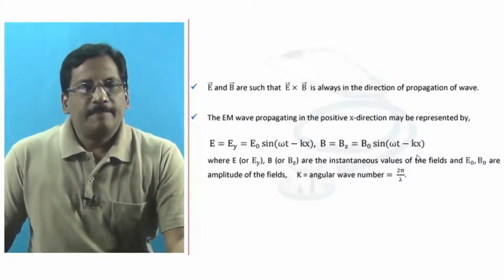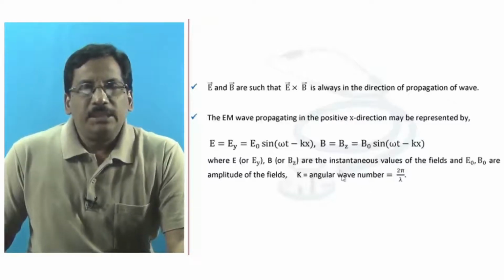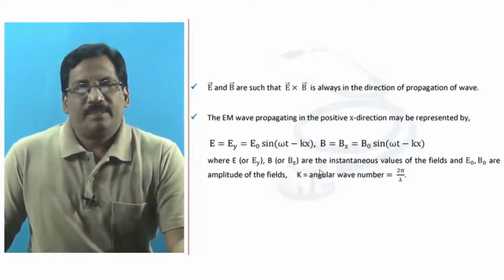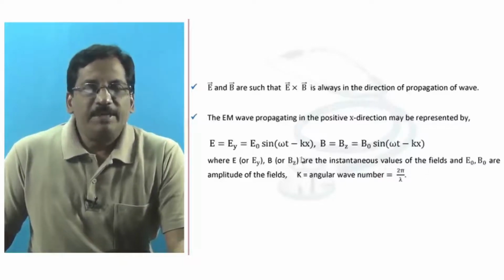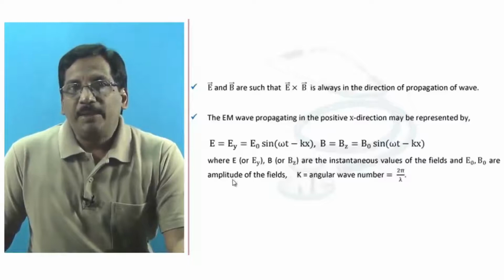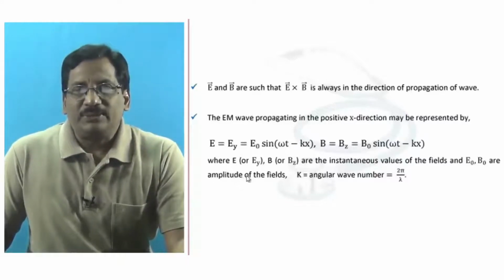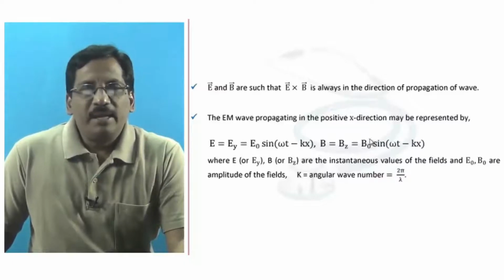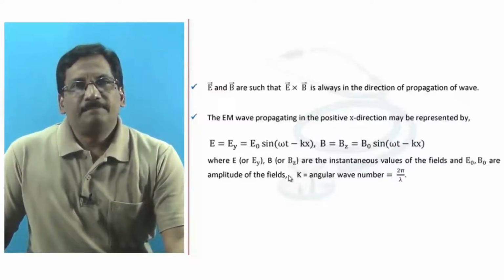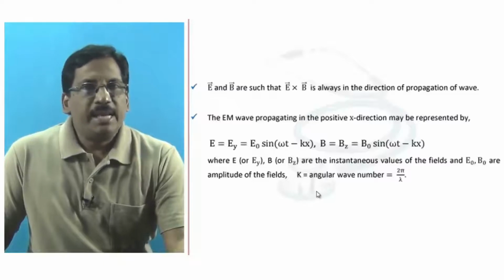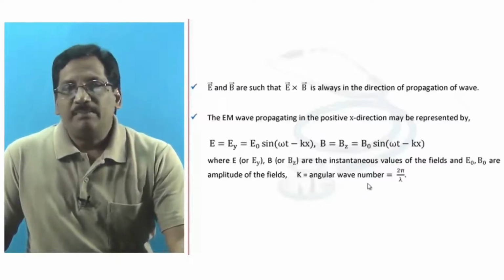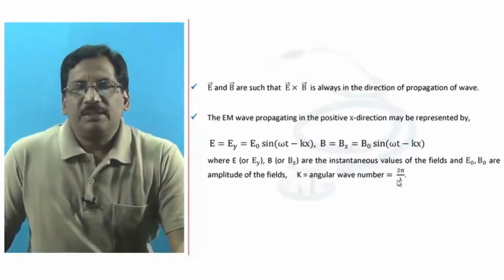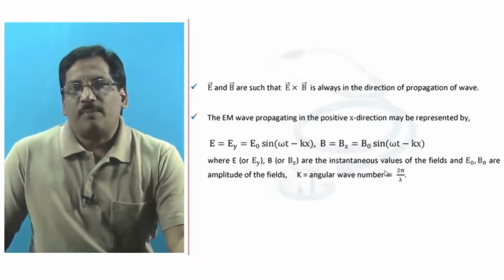In this, E and B stand for instantaneous values of the fields. E naught and B naught stand for the amplitudes of the fields, the maximum values. And omega is the angular frequency of each, and k is angular wave number, which is equal to 2 pi by lambda, where lambda stands for the wavelength of the wave that is propagating.